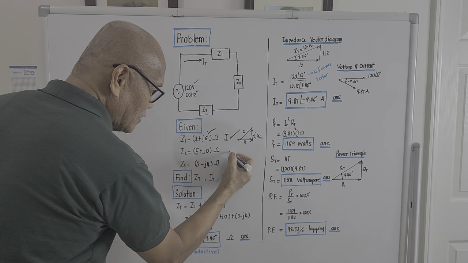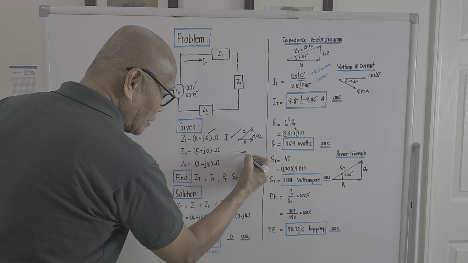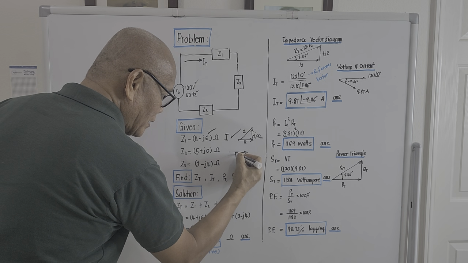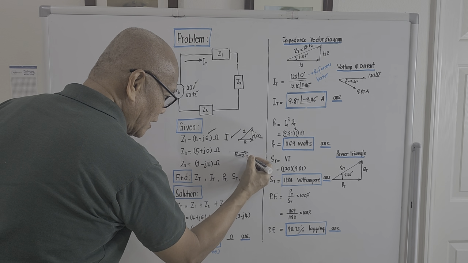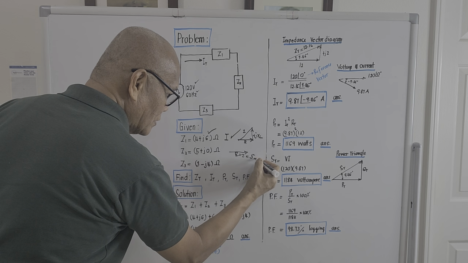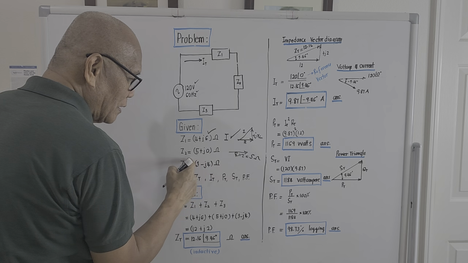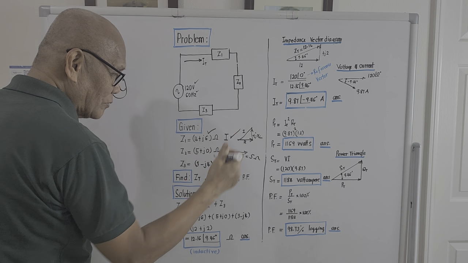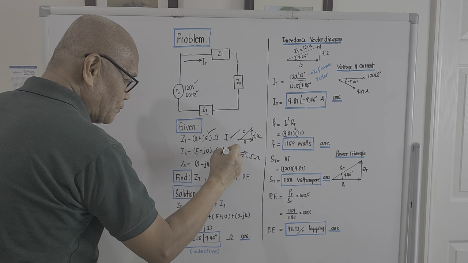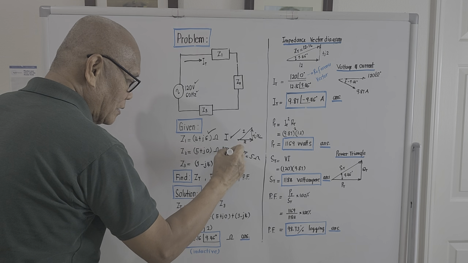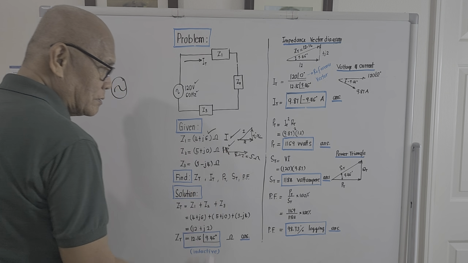So this is just a pure horizontal line, and R here is equal to Z, which should be equal to 5 ohms. No vertical component, meaning Z2 is a pure resistance load, with the designation PR, pure resistance.